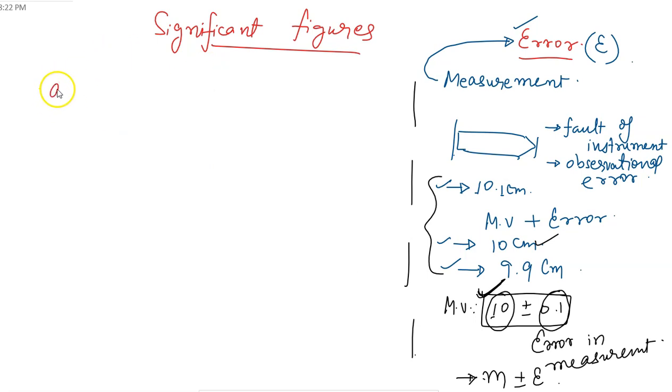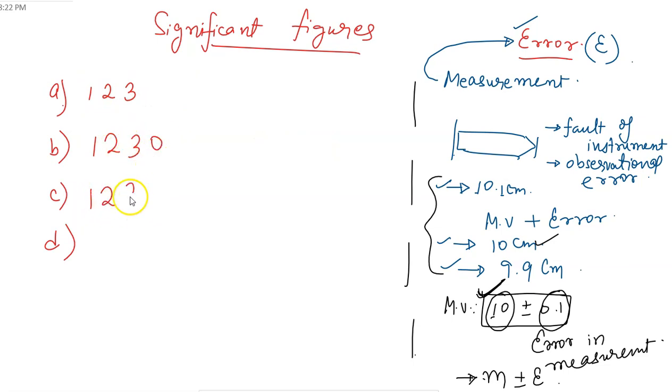So first I will just write a few examples, and then from these examples we can get a complete idea about the number of significant figures. So let's say I write 1, 2, 3, another number 1, 2, 3, 0, then 1, 2, 3.0, then 1, 2, 3, 0.0, and then 1, 2, 3.01.